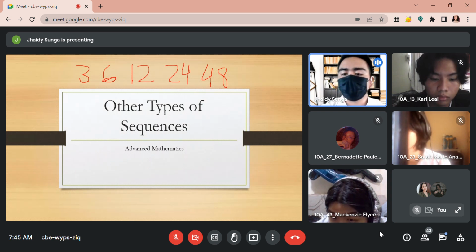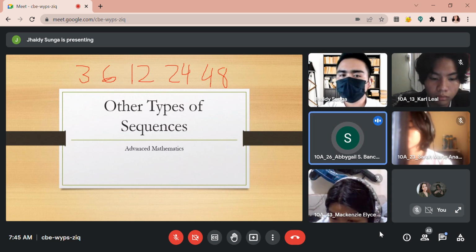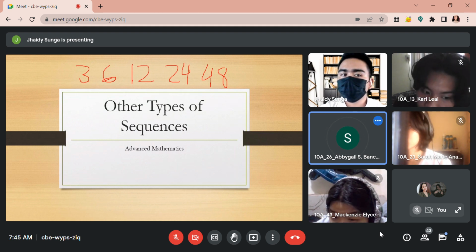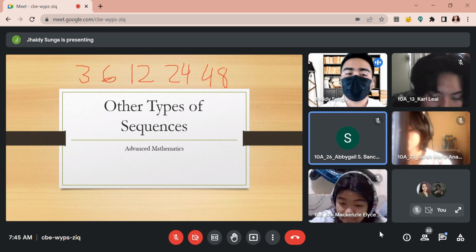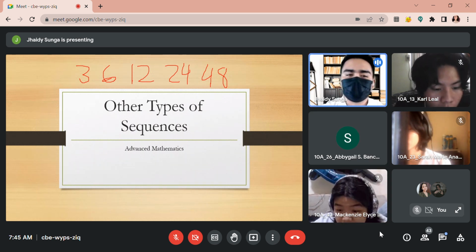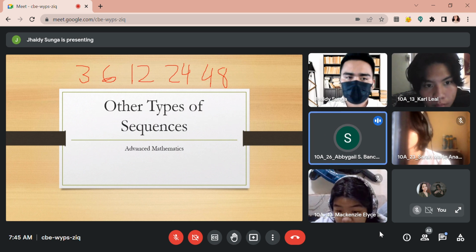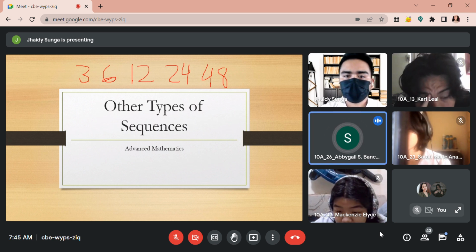Would you give it a try? Yes, Abigail, go. S equals n times a sub 1 plus a sub n over 2. Wait, I'm sorry, once again. One, two, three, go. S equals n times a sub 1 plus a sub n over 2.